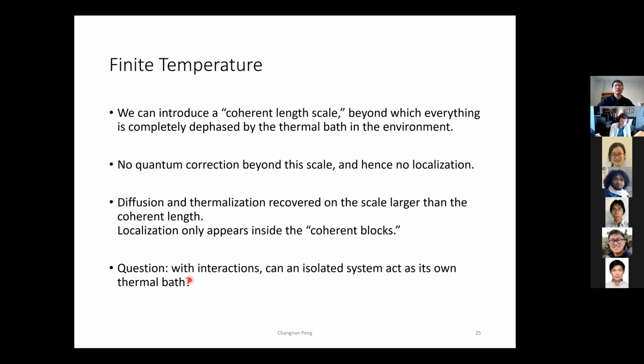So a question is, with interactions, can an isolated system act as its own thermal bath? So adding interaction to these non-interacting systems, can a part of this system thermalize the rest of the system and make the localization behavior disappear?